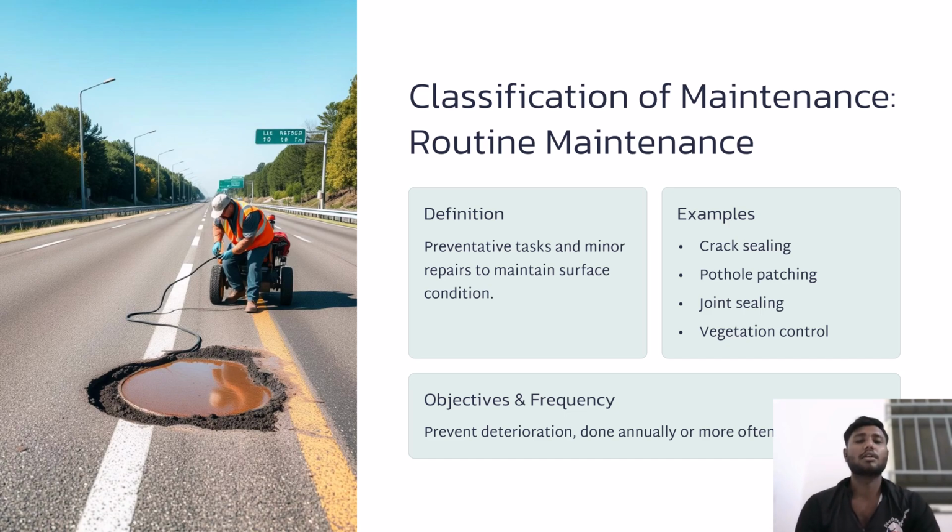In the image, the road distress is being repaired by adding concrete, and the repairing work is shown. Examples are crack sealing, pothole patching, joint sealing and stitching, and vegetation control. The objective is to prevent deterioration, done annually or more often.